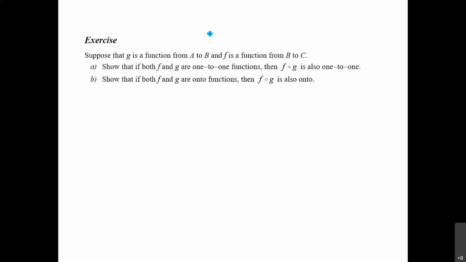So just a quick description, f round g of x is simply f of g of x. We'll see what that means in a second, but it's kind of like first you do the mapping using g, then the result of that you do the mapping using f.